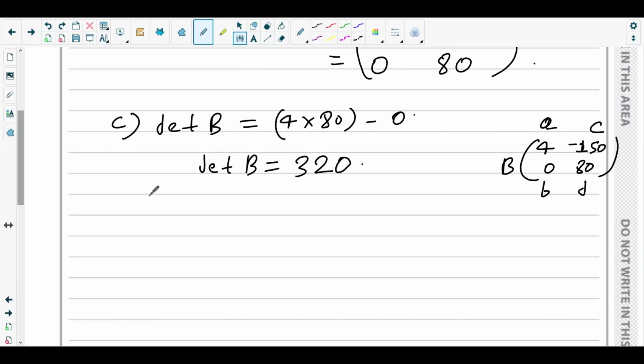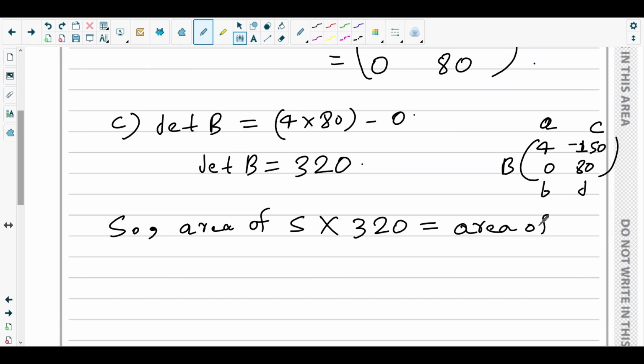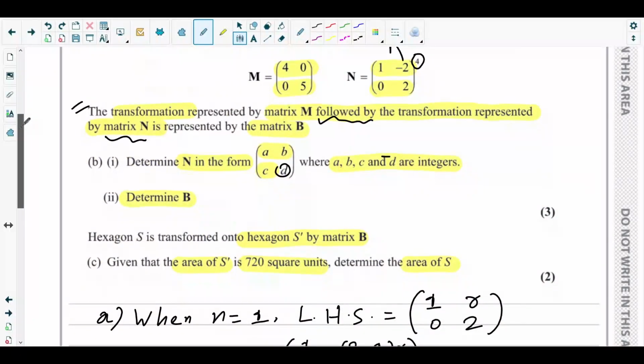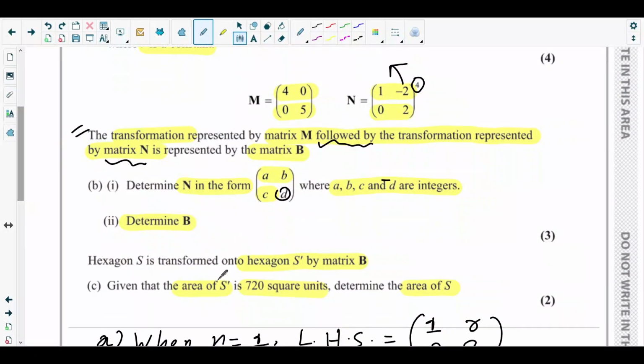So as we transform the hexagon by the matrix B, the area of S gets multiplied by 320, and then we get the area of S prime. The area of S prime is given as 720, right?